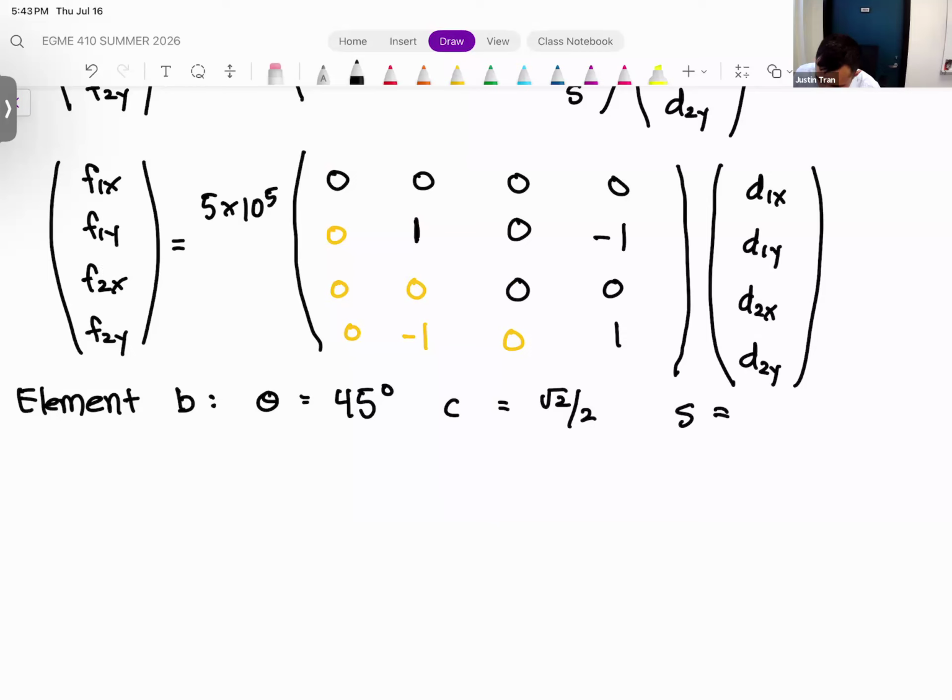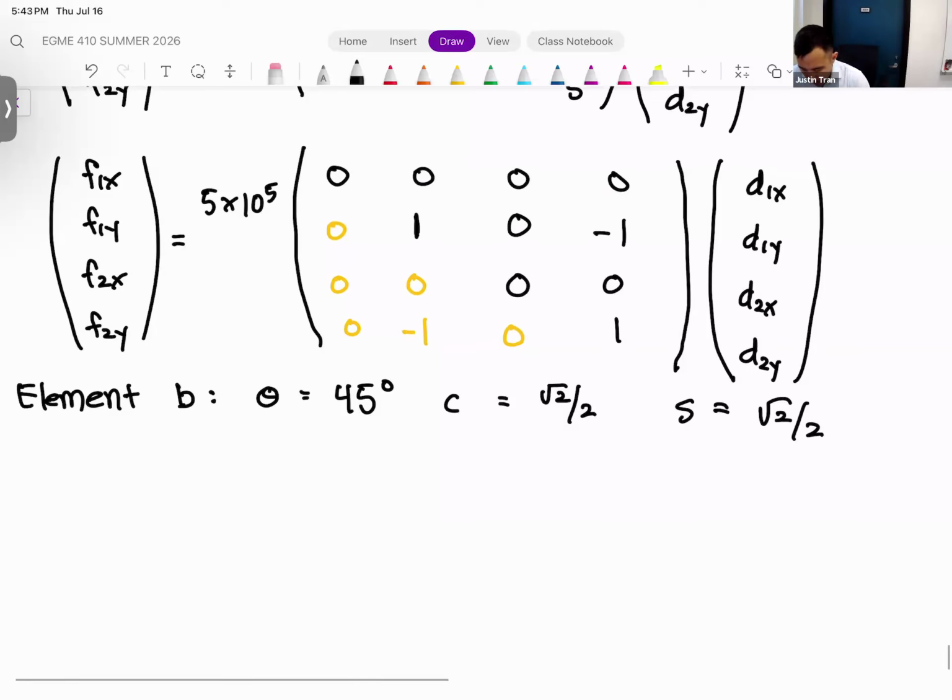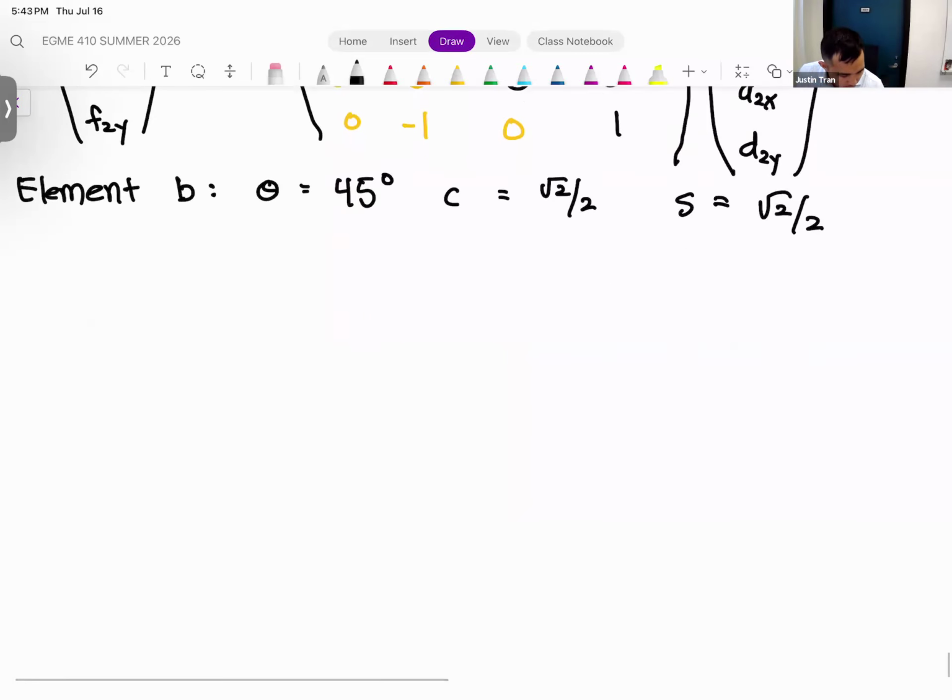And sine of 45 degrees is root 2 over 2. A 45, 45, 90 right triangle is one that was hopefully drilled into you at some point in your math education. Okay, so let's go ahead and write out or compute the element stiffness matrix for element B here.